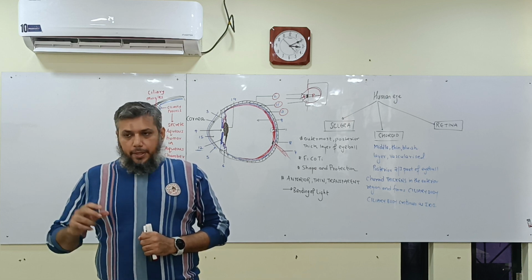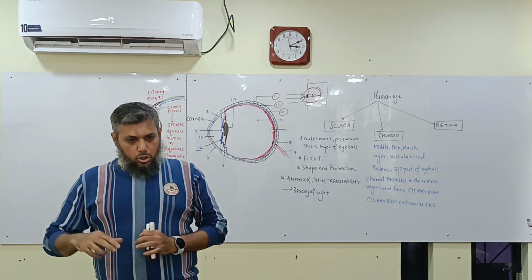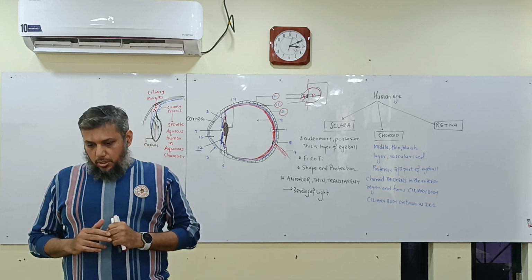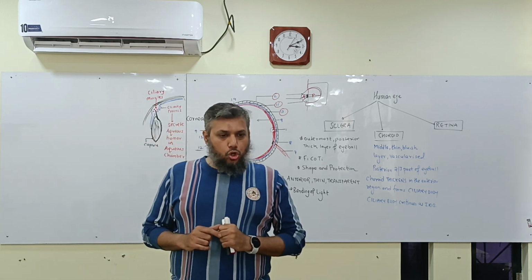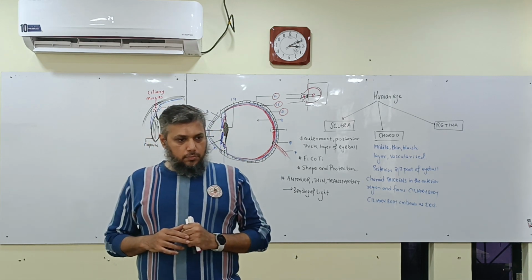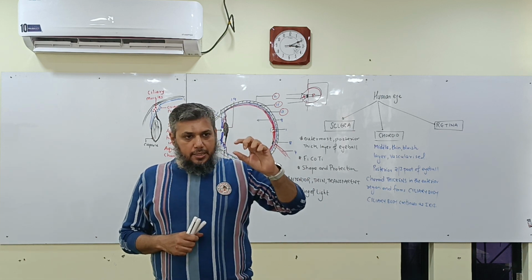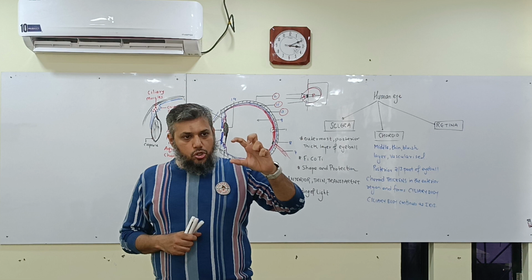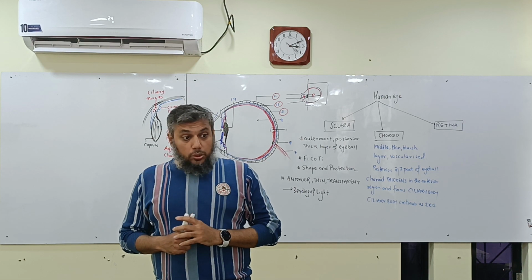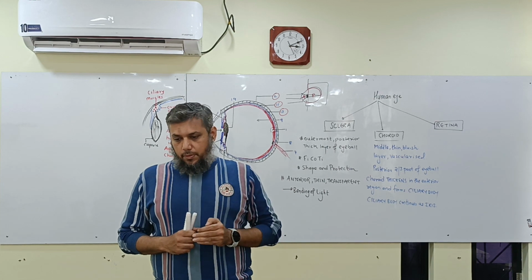So they will adjust the shape of the lens so that the image always falls on the retina. This is called power of accommodation. That is the ability of your lens to change its shape, size, with respect to the distance of the object from the observer.